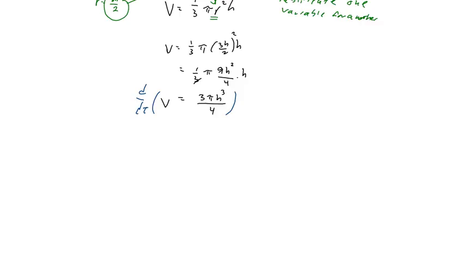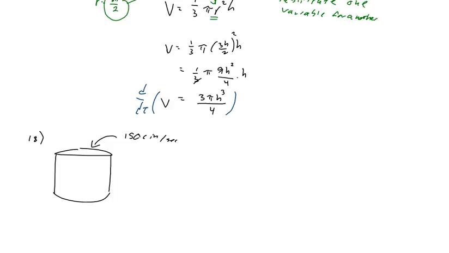Let's look at 18. Same situation, right? We have now a volume of oil in a cylindrical container. So we have a cylinder. And it says the volume is increasing at a rate of 150 cubic inches per second.